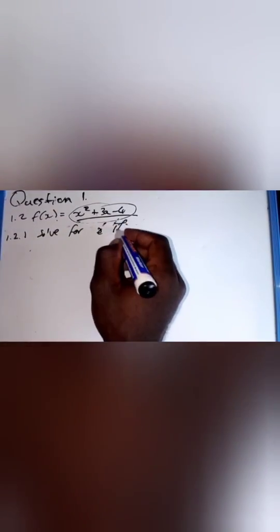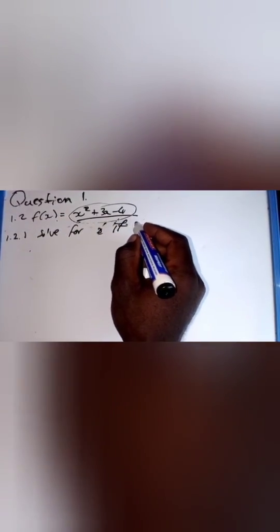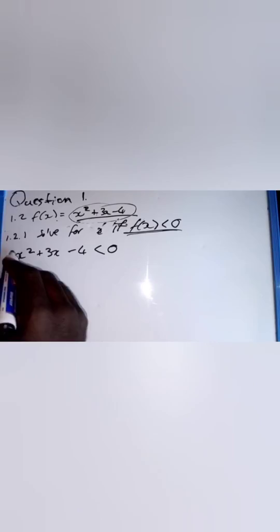Alright, cool. Moving on to question 1.2.2. Question 1.2.2 says solve for x if f(x) is smaller than 0. So basically this will be an inequality. So you'll have x squared plus 3x minus 4 is less than 0. So obviously you have to factorize this.